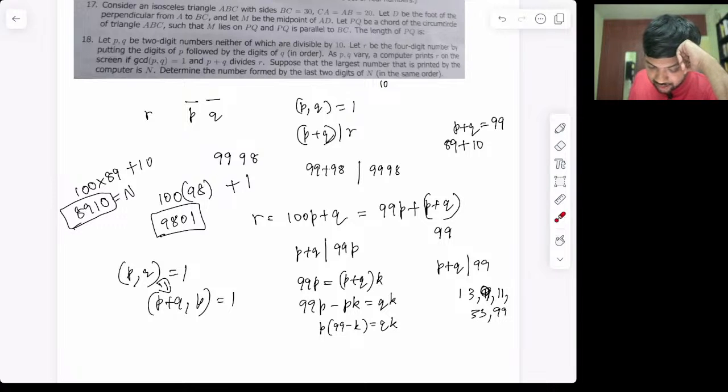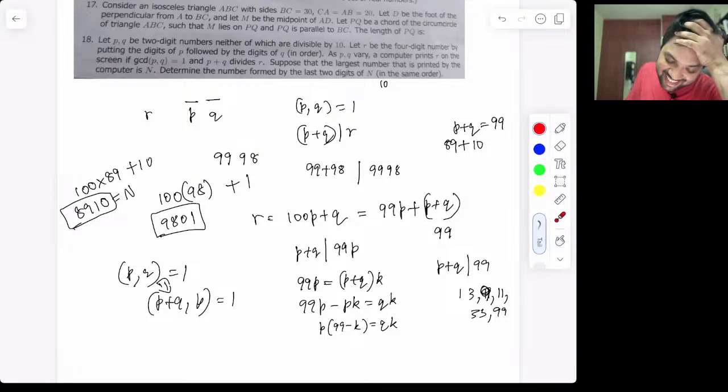So basically you are writing two 2-digit numbers. Oh, you can't. Oh, it can't be a multiple of 10. None of which are divisible by 10. We forgot that, right? So again we have to change to 11. I'm trying to make p as large as possible. So q should be 11 and p should be whatever, 88, right?